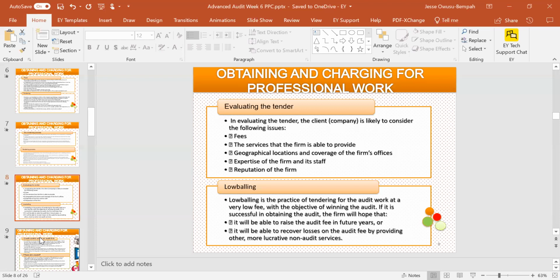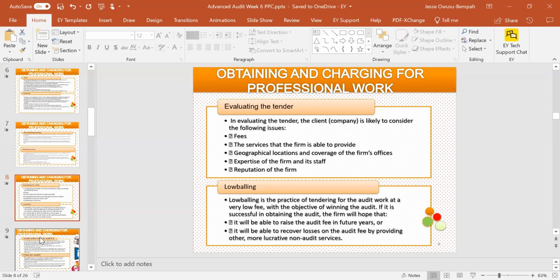The reason why multinational firms will go with the big four companies rather than others is that you will not see, in Ghana, maybe Vodafone being audited by AB and Co, a local chartered accountant audit firm somewhere, because they don't have presence in South Africa. They don't have presence in the UK. So how do you expect them? They would rather go with someone who has a lot of geographical locations and coverage.